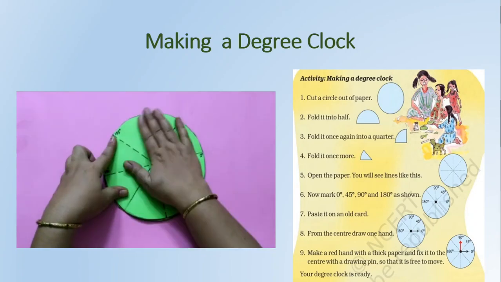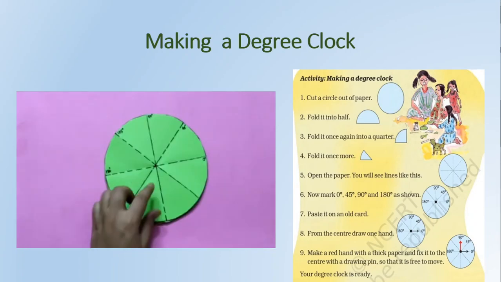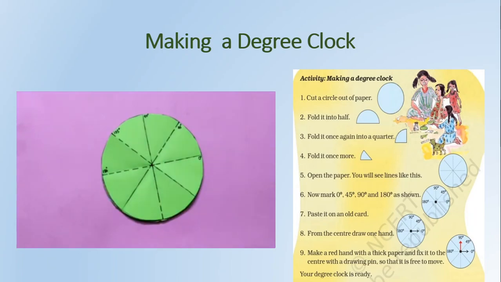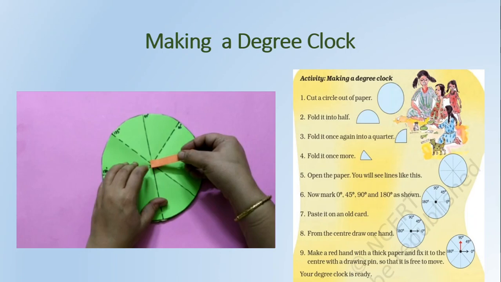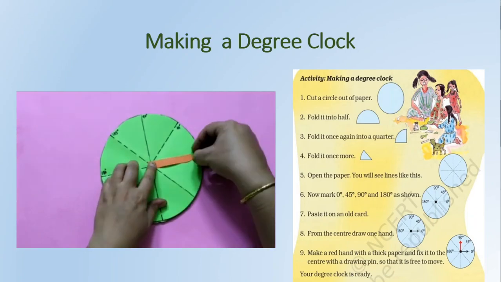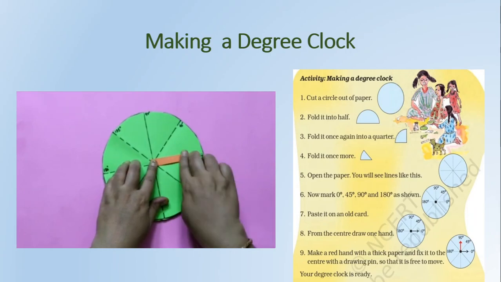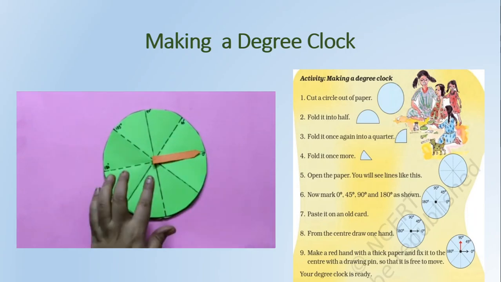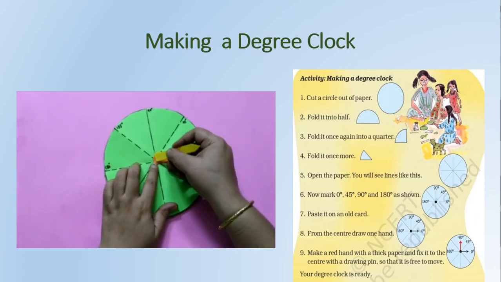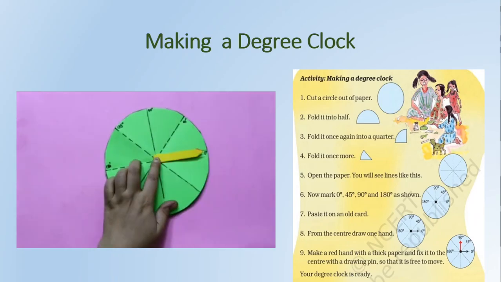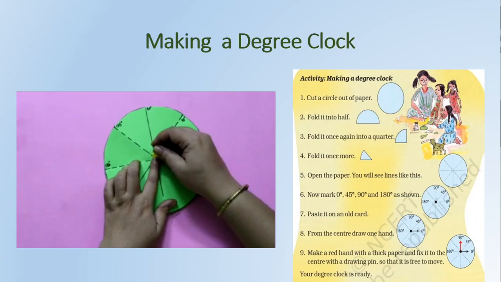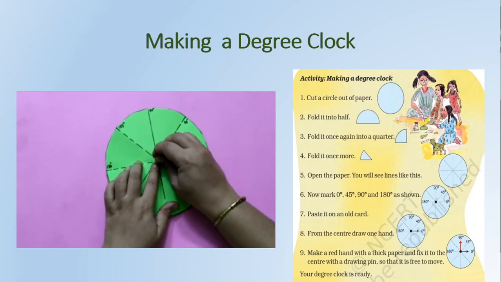From the center, draw one hand pointing towards the 0 degrees. Now take another hand of a different color and fix it to the center using a drawing pin.